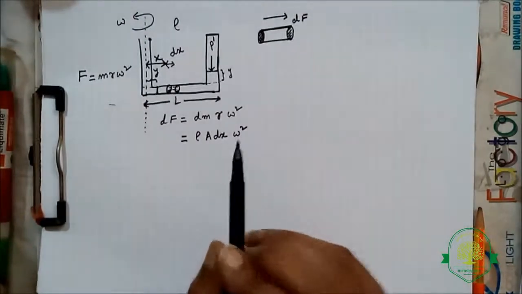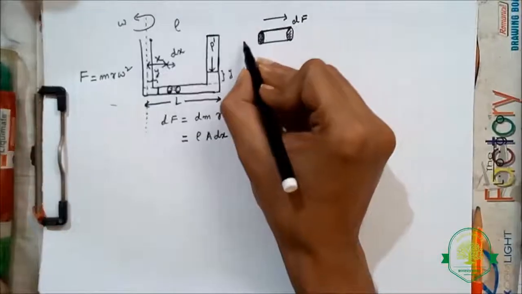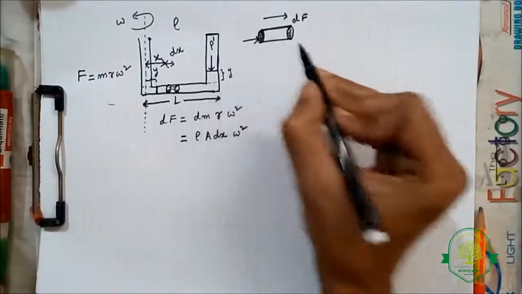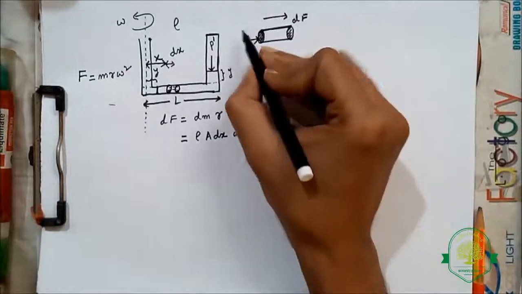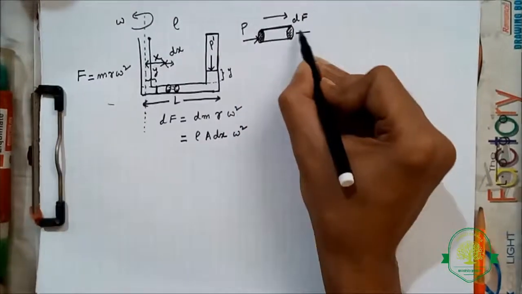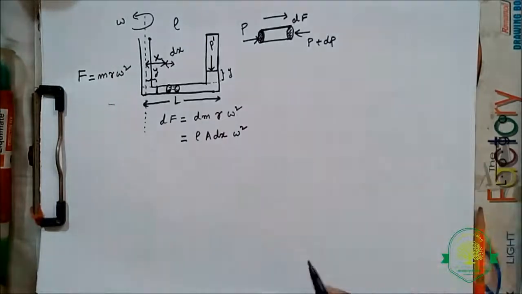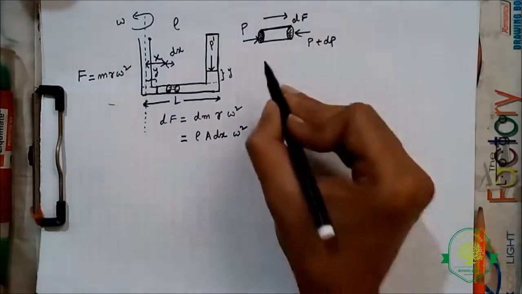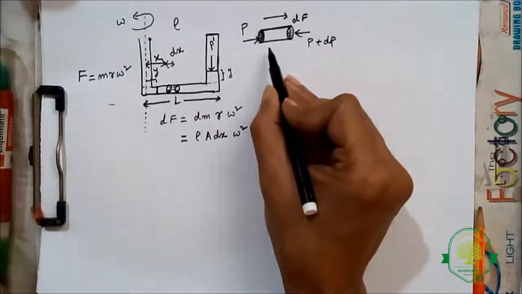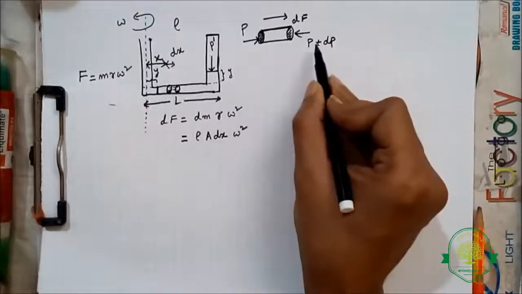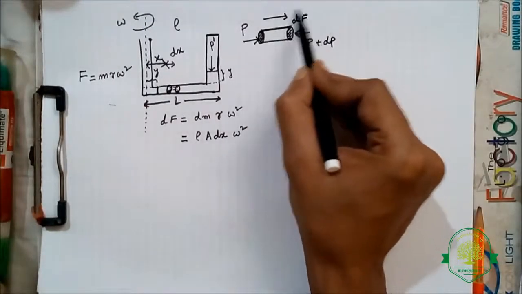So we can say that if pressure from this end acting on the small element is P, the pressure from this end will obviously be slightly greater, P plus dP. The excess pressure dP, the unbalanced pressure dP, will balance the centrifugal force.